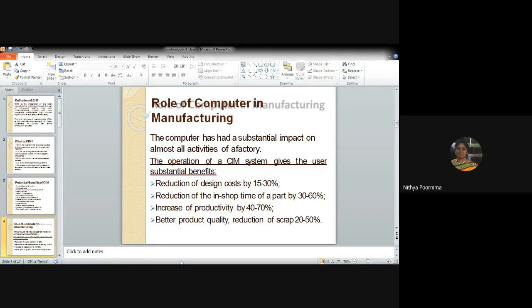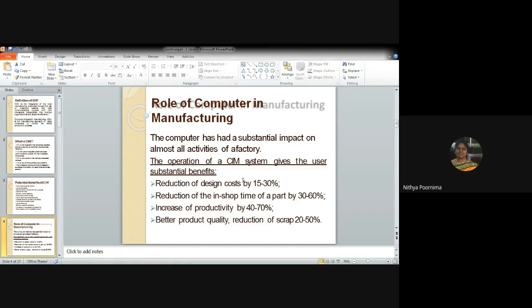Or suppose some human is going in the path line of the operation, immediately an alarm beeps saying that there is some intervention. All these are happening because of the computers, the sensors, and the interfacing between the sensors and the computer, right? So definitely the computer has a substantial impact on almost all the activities in a factory.